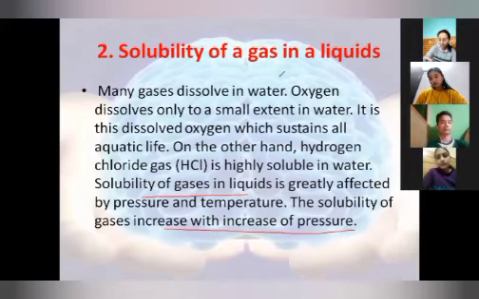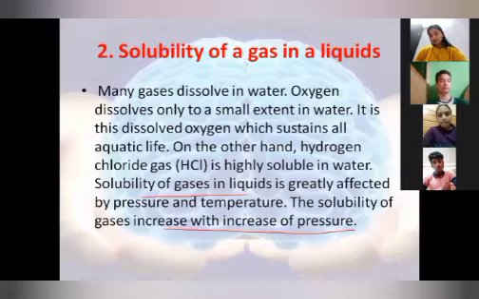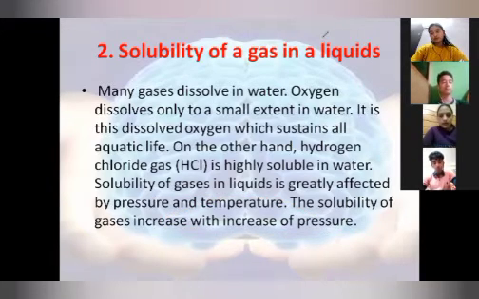But when we are talking about gas in liquid, there is an effect of pressure. Once again, with the increase in pressure, the solubility of gas in liquid will increase.